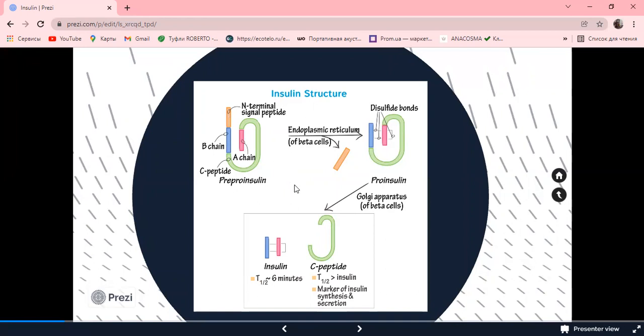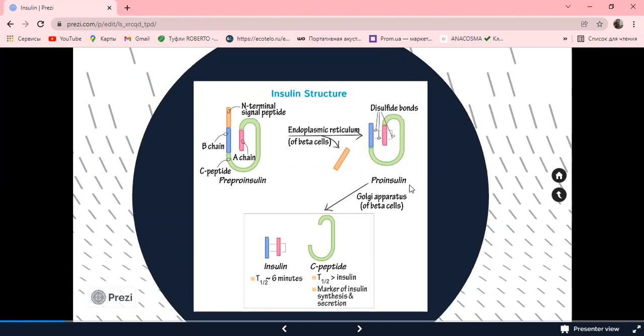The synthesis of preproinsulin takes place on ribosomes of the endoplasmic reticulum. Preproinsulin is transformed into proinsulin in the Golgi apparatus, and this transformation results from removal of L-peptide and formation of two disulfide bonds between the B and A chains.